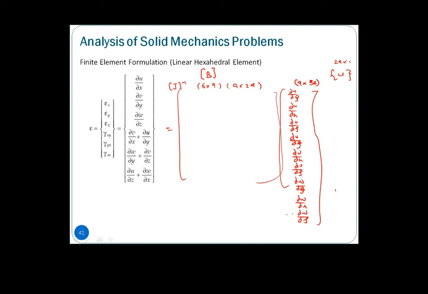Probably I can show you del U, del psi, del U. Basically, you have node 1 until node 8 itself. So here, J is 6 times 9, basically referring to here. Okay, 6, del U, right? So here you have 6 times 9.